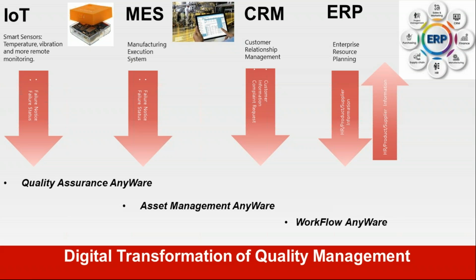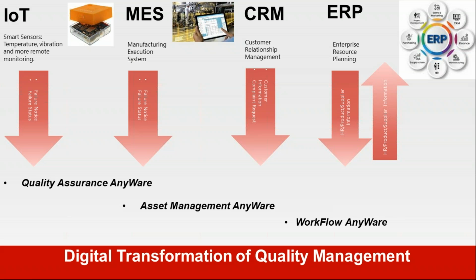And the good thing is our systems, Quality Assurance Anywhere, Asset Management Anywhere, Workflow Anywhere, these are really modern technologies. We have the latest technology available. So we have open APIs. With the help of these APIs, we can integrate your machinery and equipment, and we can help you automate the processes. So the idea is to have an integrated management system in a digital environment and to avoid double entry.